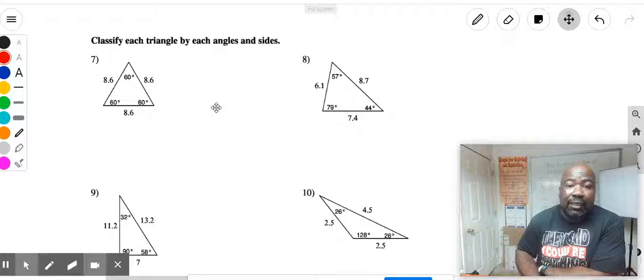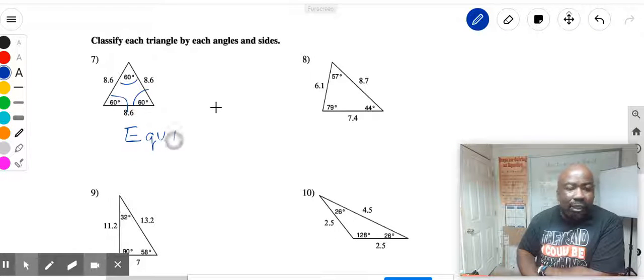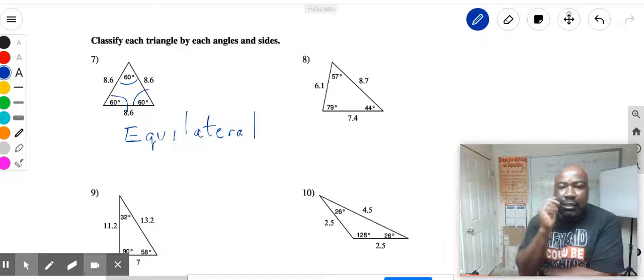Now I'm going to change the color to blue. We have all the angles are the same, and the sides are the same. So this right here, I'm just going to write the initial on it. It is an equilateral. I'm just going to write it out. And all sides are equal.